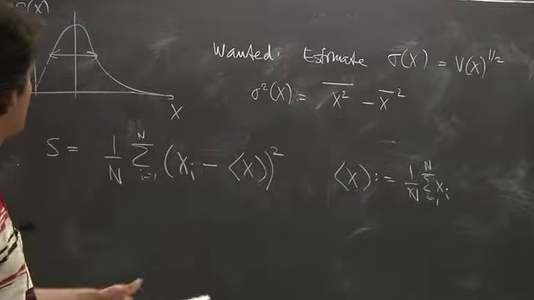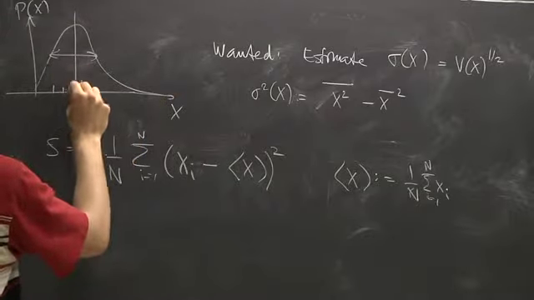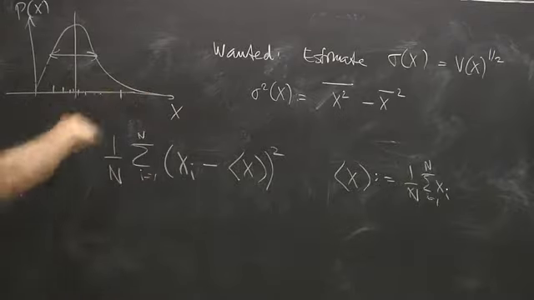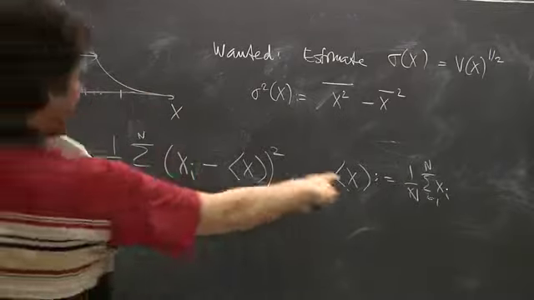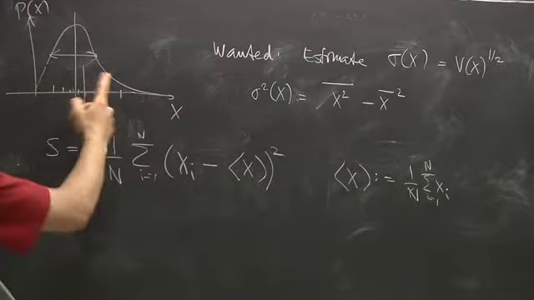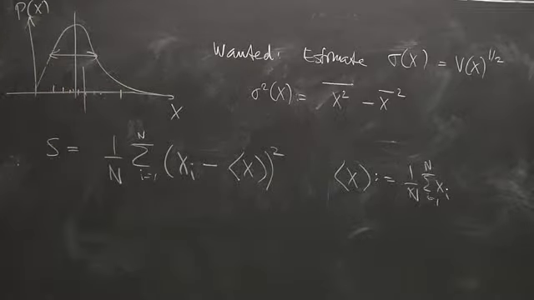So if I take 10 values, then I get one value here, a few here, and then something like this. I calculate the average of those, and I calculate the scatter of those around. And that should give me an idea of this thing.